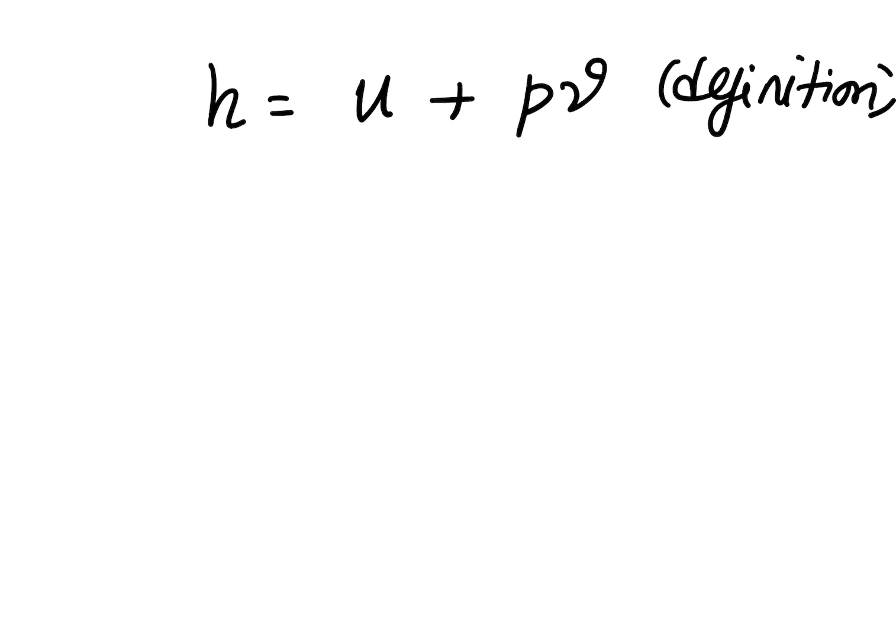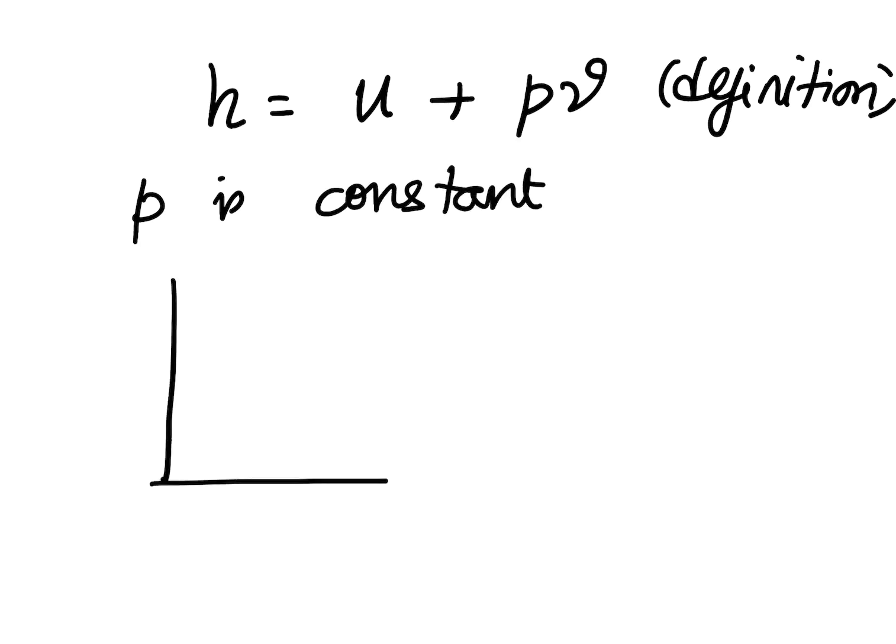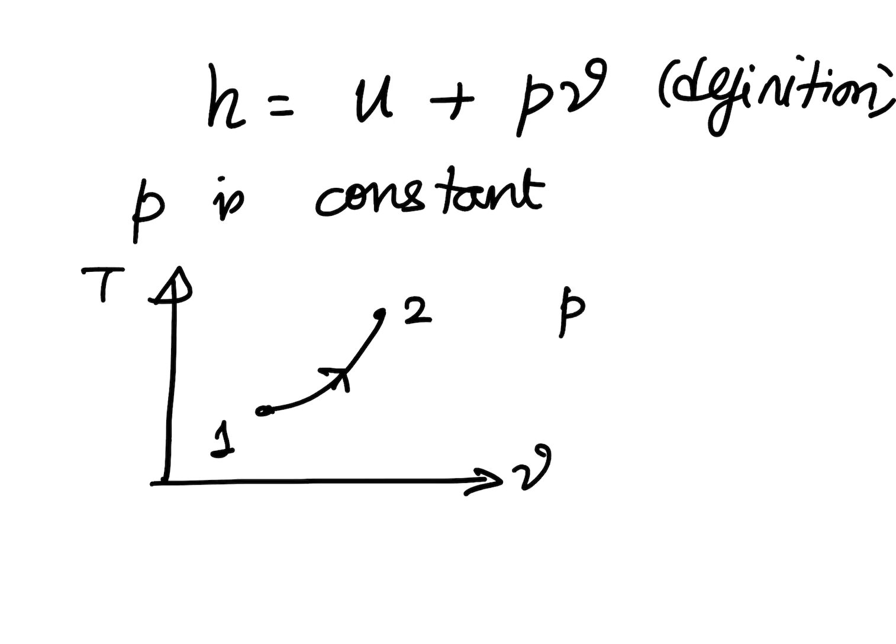And if you think of a situation in which the pressure is constant, so if you have a system that goes from state 1 to state 2, let's say this is the temperature volume diagram. In both cases P1 equals P2 equals, let's say, P0.